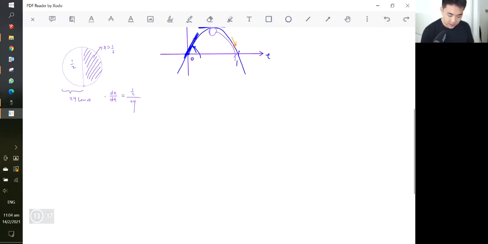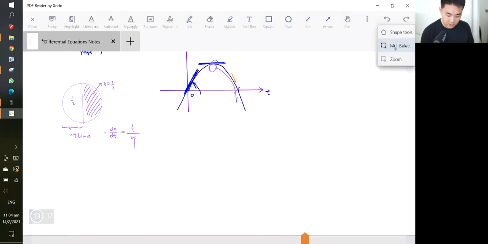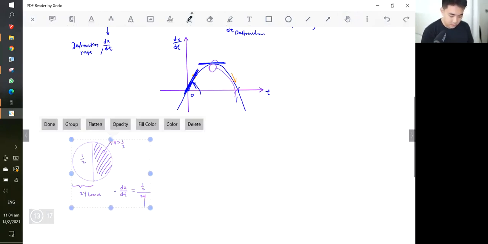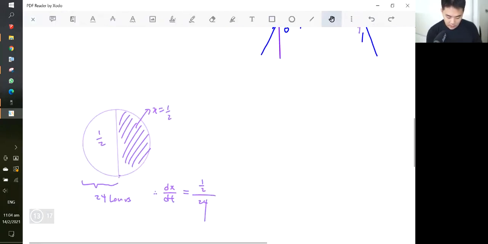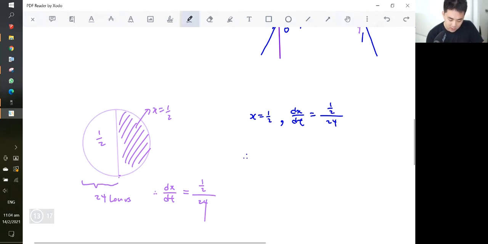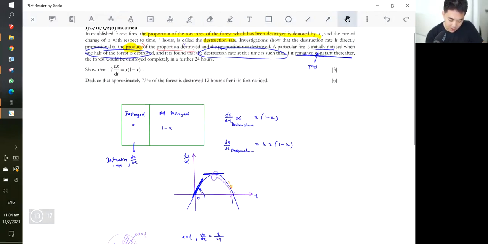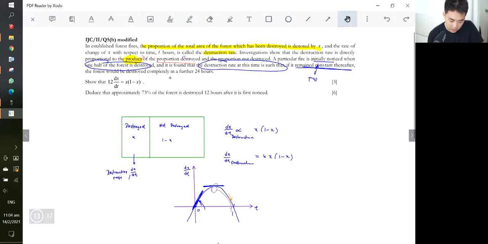I know this part is a bit confusing already, so I need you to stick with me. So when x equals half, we know that dx/dt is half divided by 24 if held constant. Hence, this is a boundary condition. This boundary condition is the trickiest that you could get.